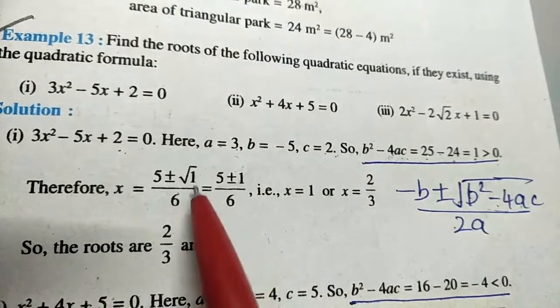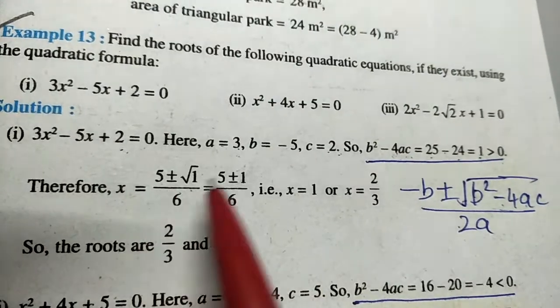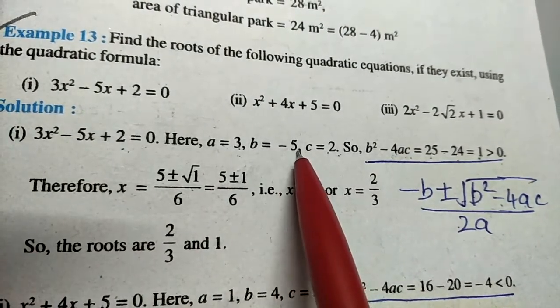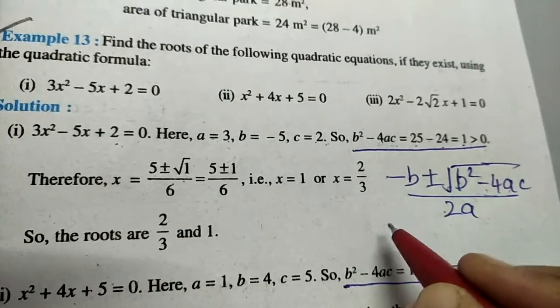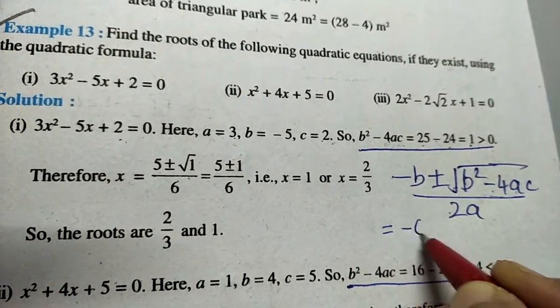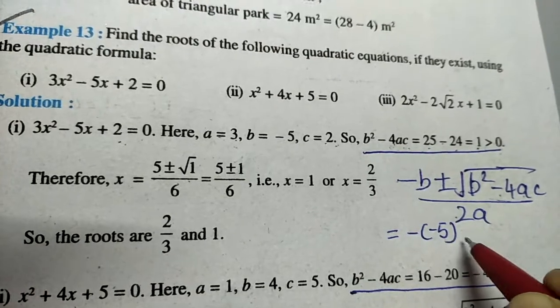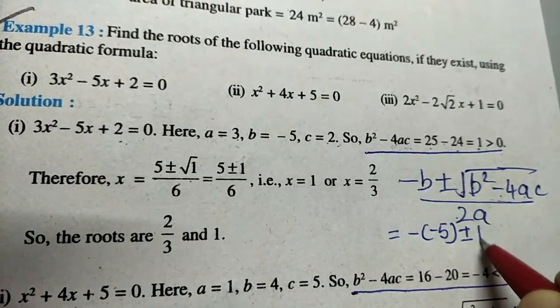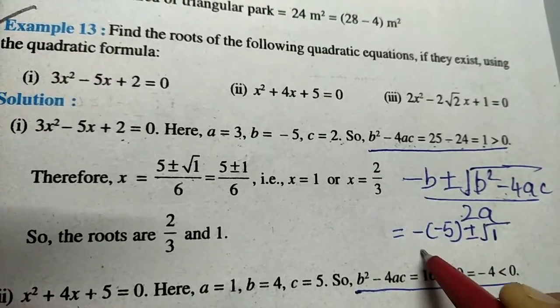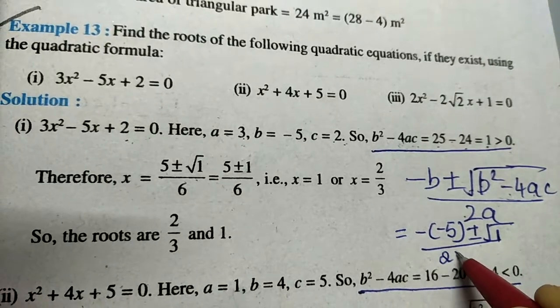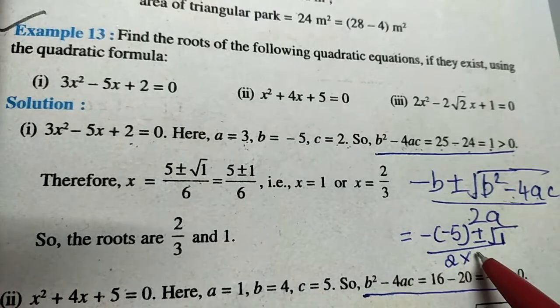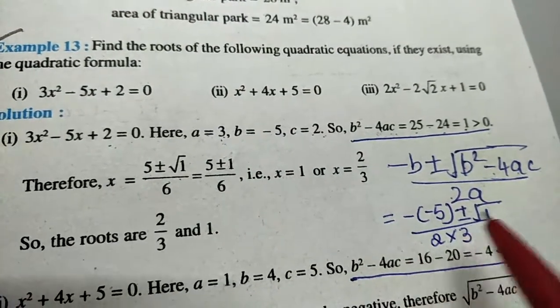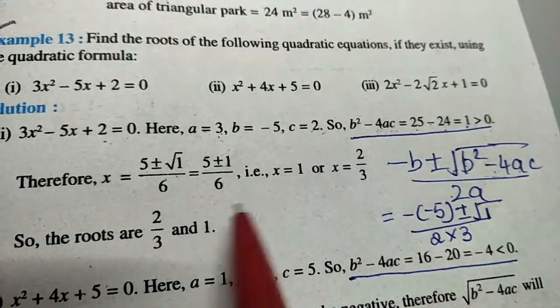So this is root 1. What is b? It is minus 5, so minus of minus 5 will become plus 5. So here you will have minus of minus 5 plus or minus root 1 upon 2 multiplied by a, which is 3, that is 6. So are you understanding this? How we got this?